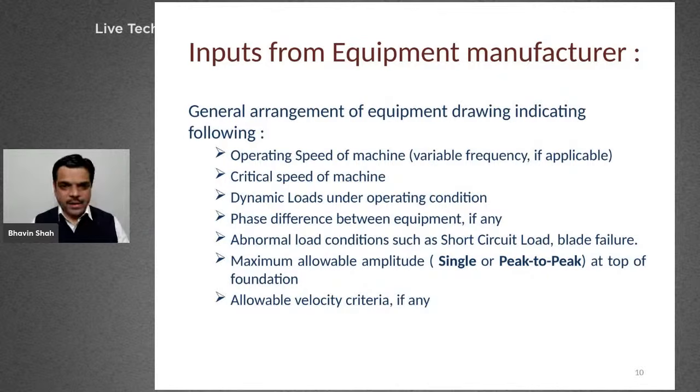First of all, we always ask for the maximum allowable amplitude at the top of the foundation, because, let's say, we are not modeling the equipment. Now generally I have seen that the equipment manufacturer tends to give the permissible amplitude data at the shaft location, at the shaft of the machine.